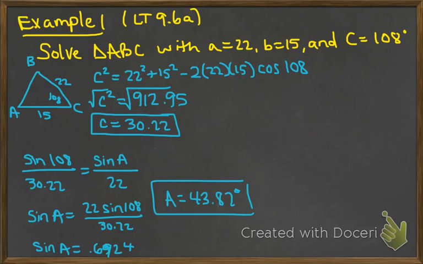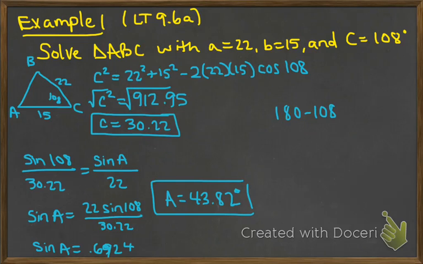And now that I know two angles, since I know that it was given that angle C is 108 degrees, and now we just found that angle A is 43.82 degrees, I'm going to go ahead and use the fact that I know that a triangle is 180 degrees. So 180, and I'm going to subtract off the two angles that I know.